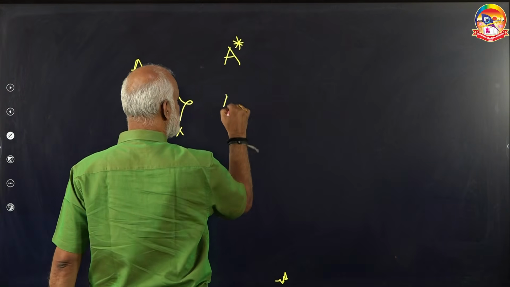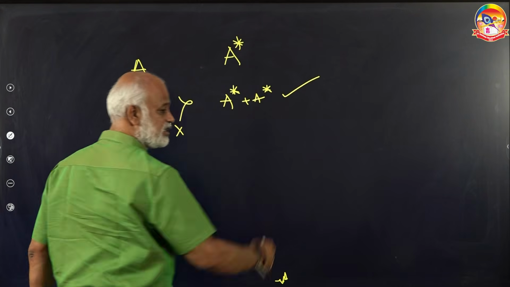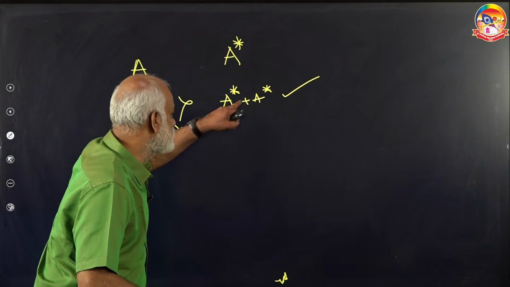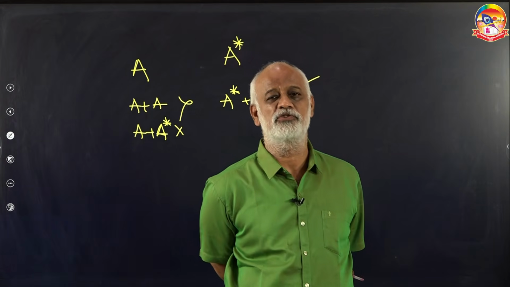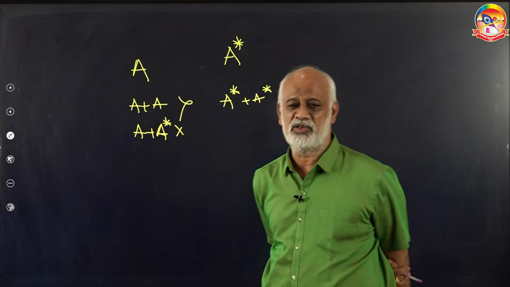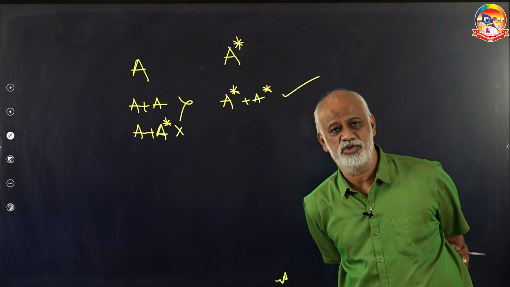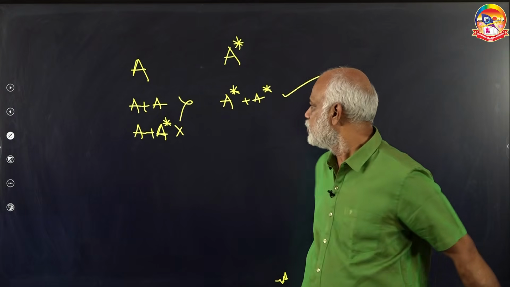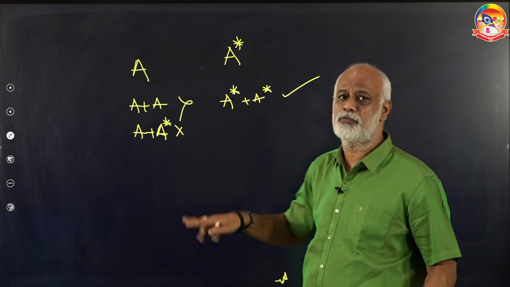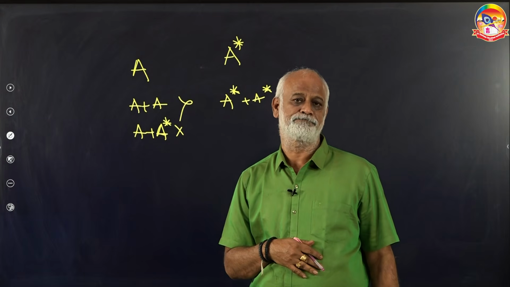But A star plus A star gives reaction. Such a collision, which involves two activated molecules only, is called a fruitful collision, activated collision or effective collision. Such a collision always gives products. So, in spite of having innumerable collisions, only this type of collision will give product, which is the greatest essence of collision theory.